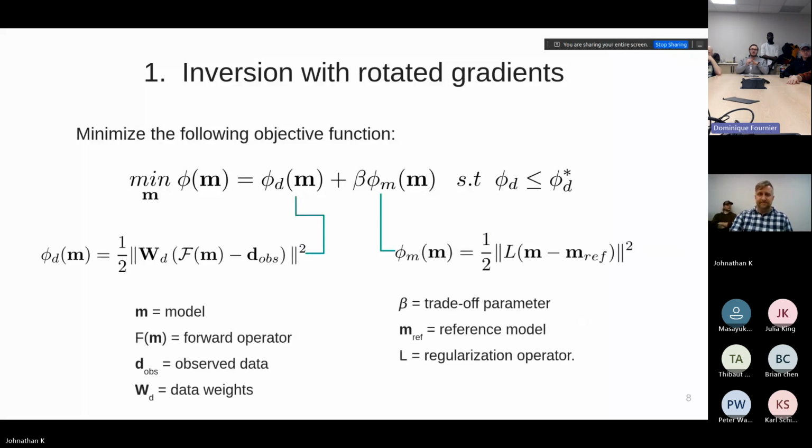If we expand that a little further, our data misfit term is measuring how well we're fitting our data. We have a weighting matrix that has our uncertainties in our data, and then a forward model operator that acts on our model vector and compares it to our observed data. On the regularization side, we usually have a regularization operator and then our model vector compared to a reference model.